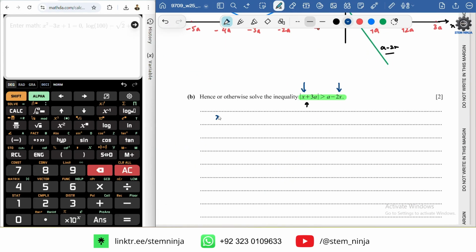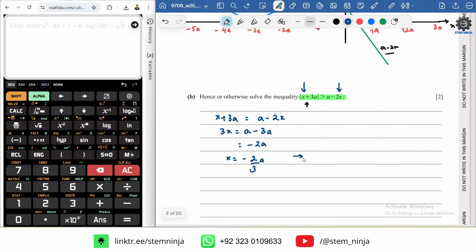So x plus 3a equals a minus 2x. We will get 3x equals a minus 3a, and equals negative 2a. So x is equal to negative 2/3 of a.